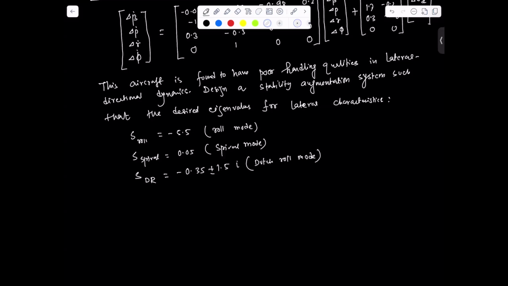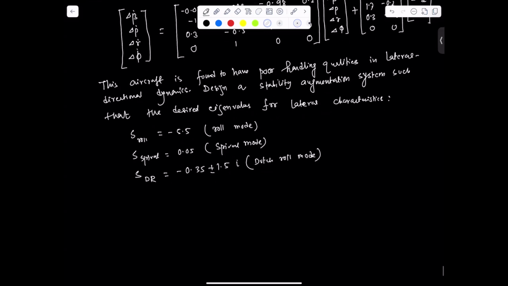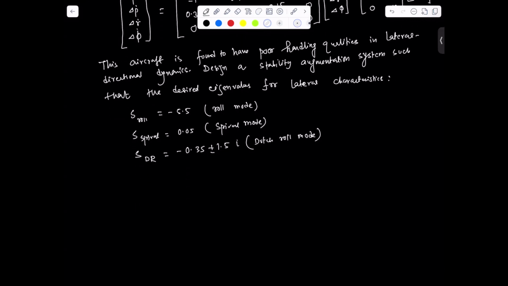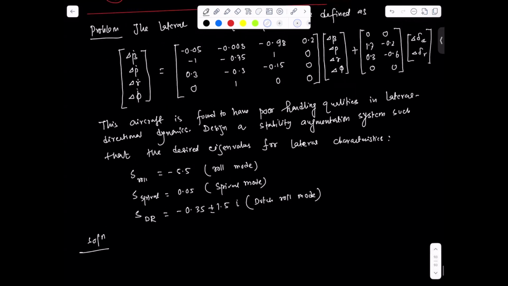So based on the roots, we can define the different modes. So we have to design the control stability augmentation system for this particular aircraft. So let's move. First, we have to check whether the overall system is controllable or not.